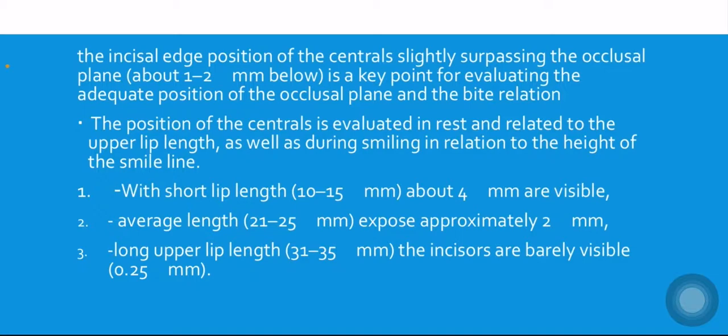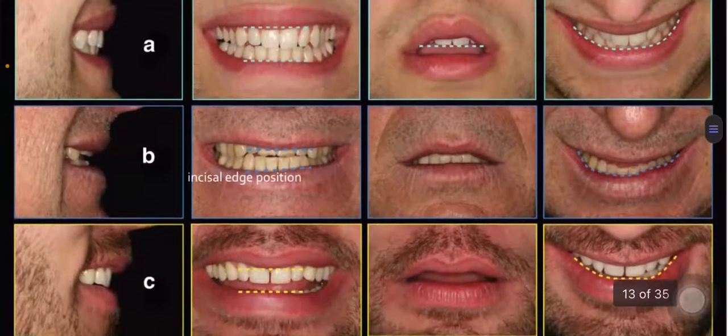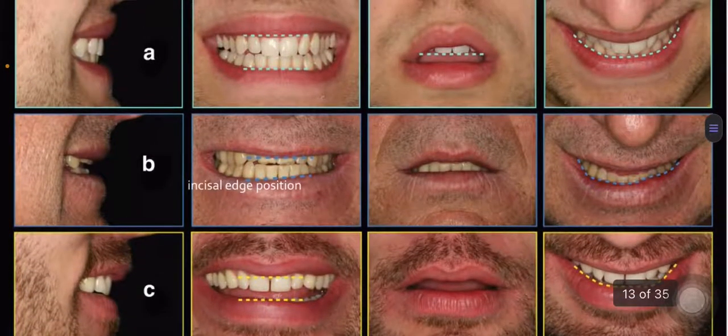A short lip, which is 10 to 15 millimeters, shows more than 4 millimeters of the incisal edge, and possibly shows the attached gingiva. These pictures demonstrate the high, average, and short lip lines.